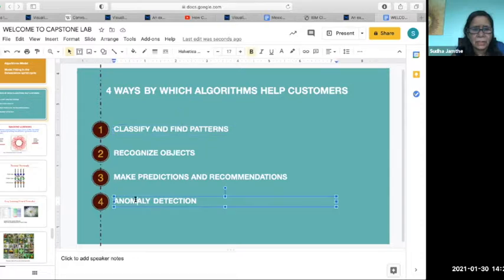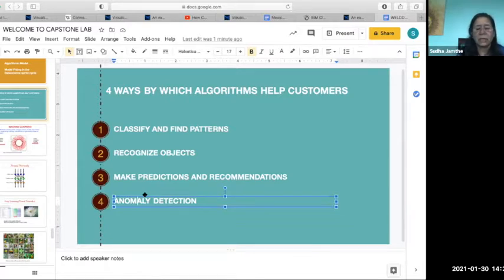Anomaly detection is a totally different thing. Amazon has an anomaly detection algorithm, and again, Amazon, IBM, Microsoft, Google, and then there are hundreds and hundreds of AI startups out there. They all will give you an algorithm.